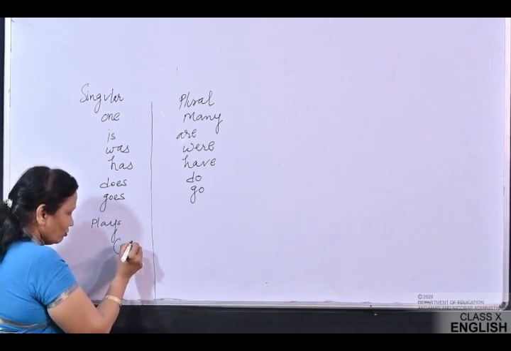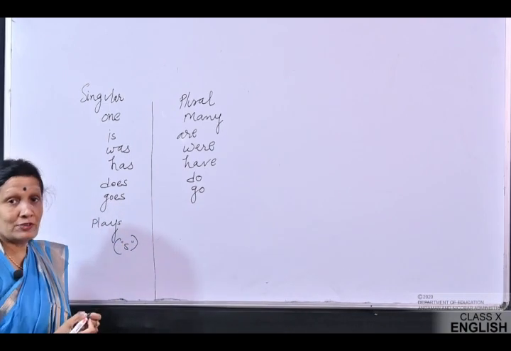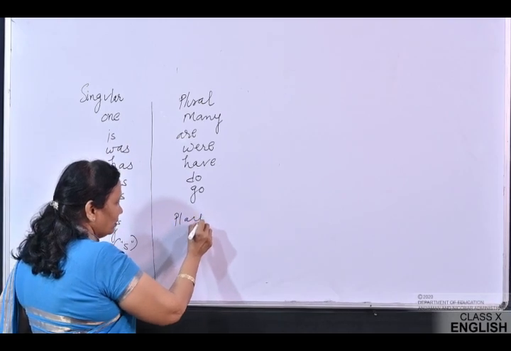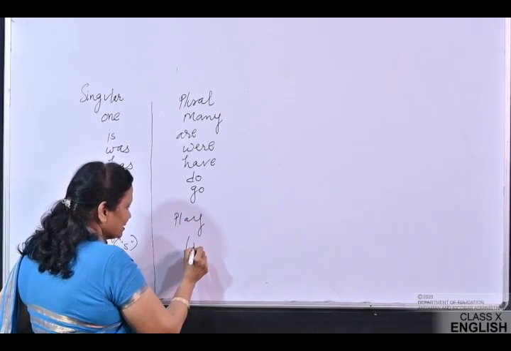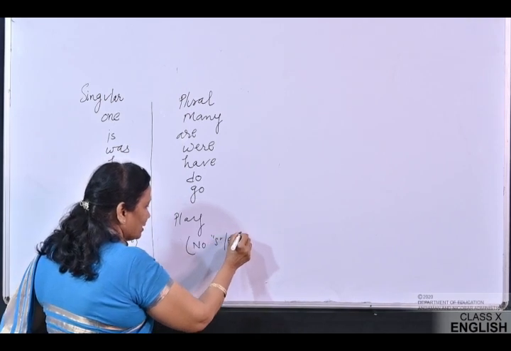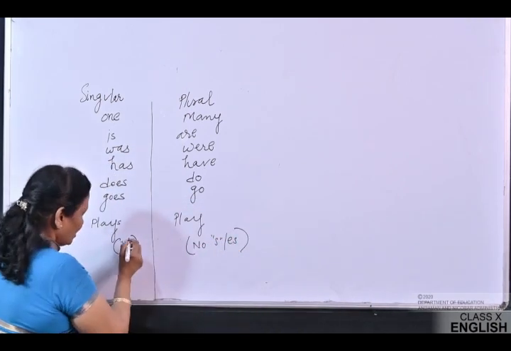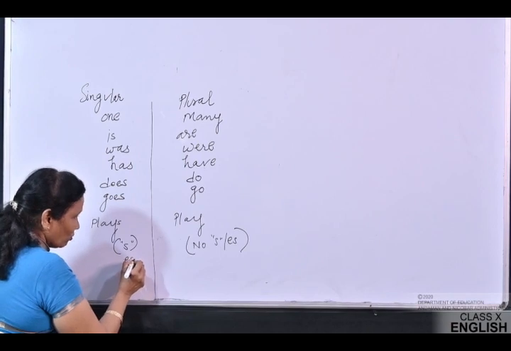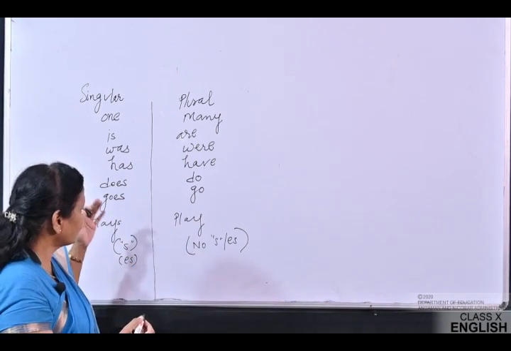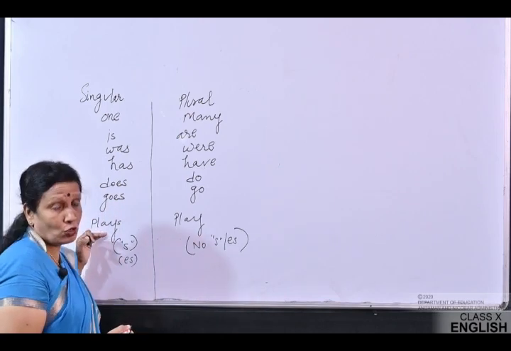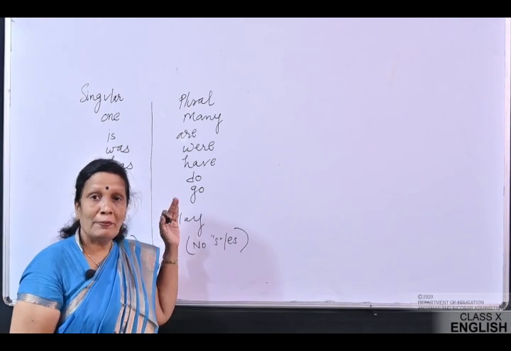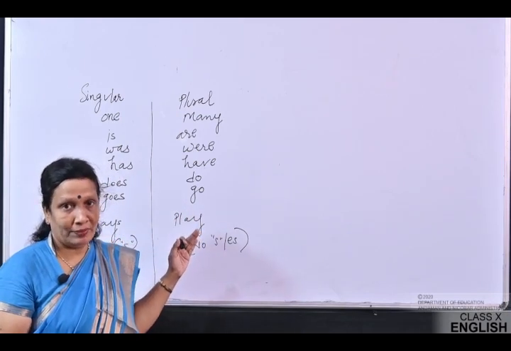That means for singular you have the S form. In plural there is no S or ES; here you have S or ES. For example, Ashok plays in the evening. The children play in the evening.